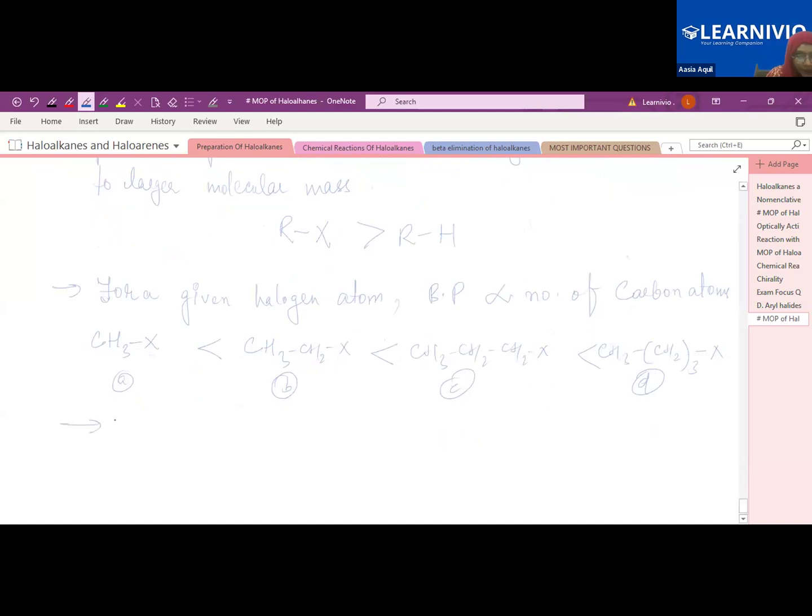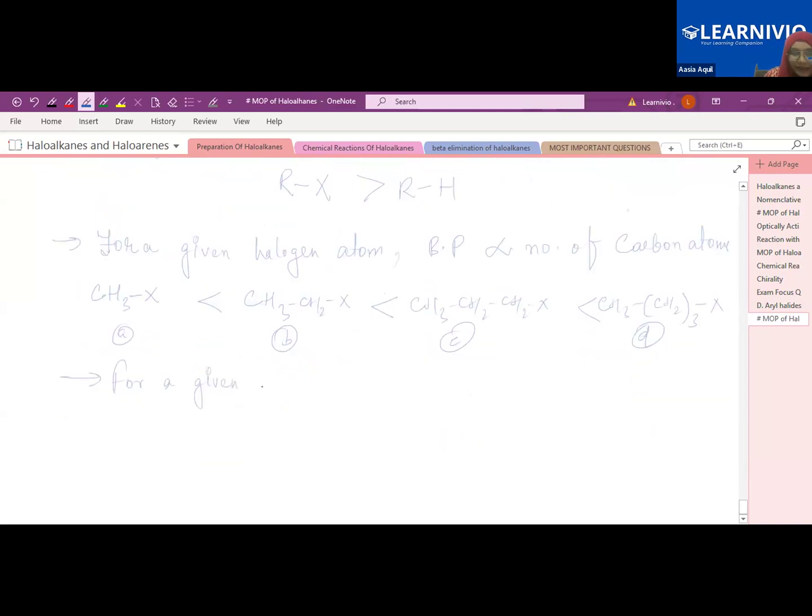Third point: for a given alkyl group. If the R group or alkyl group is the same, then for a given alkyl group, boiling point is directly proportional to the molar mass of halogen.